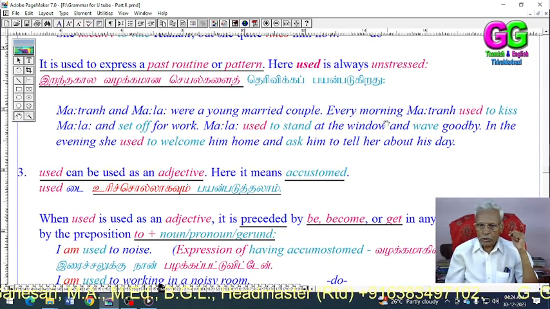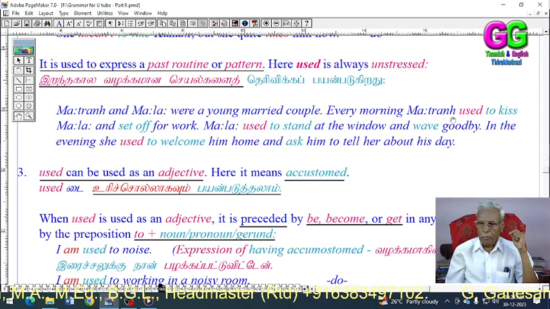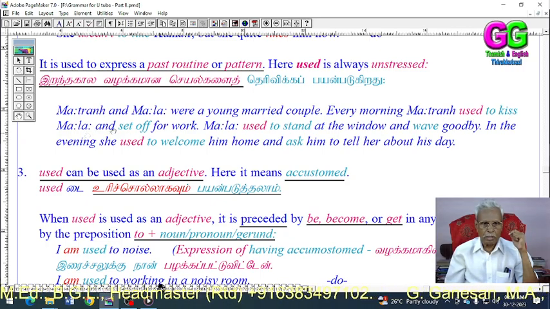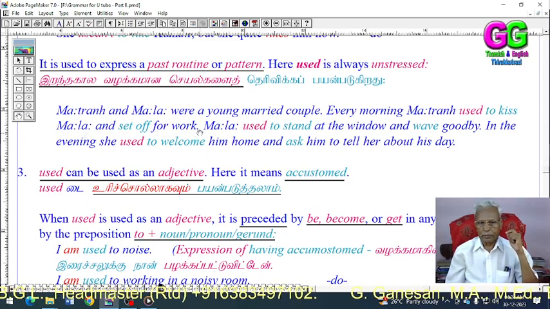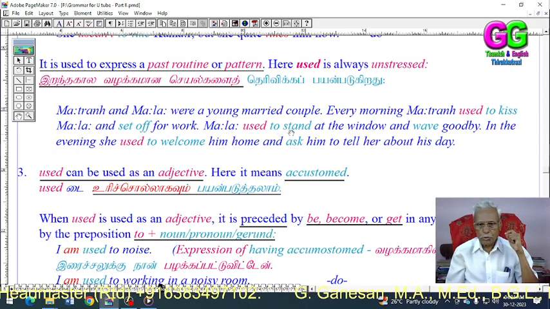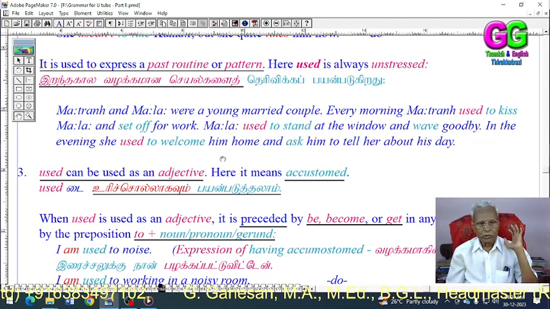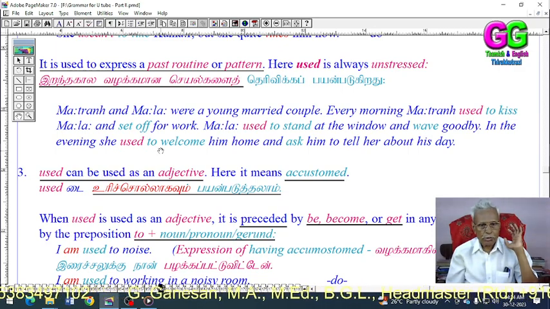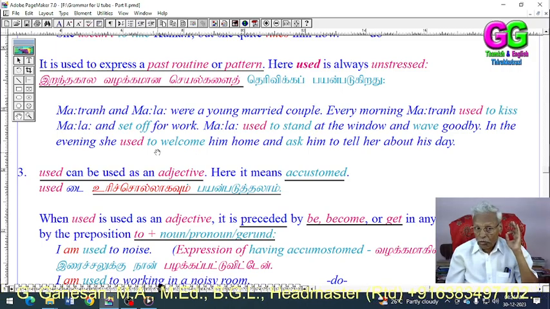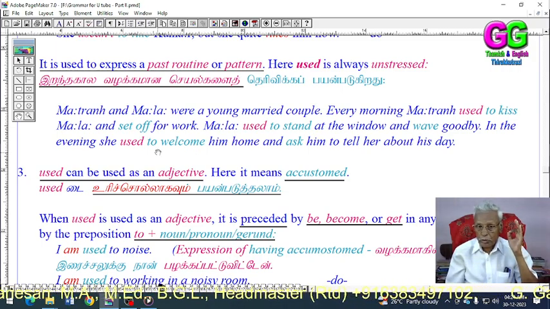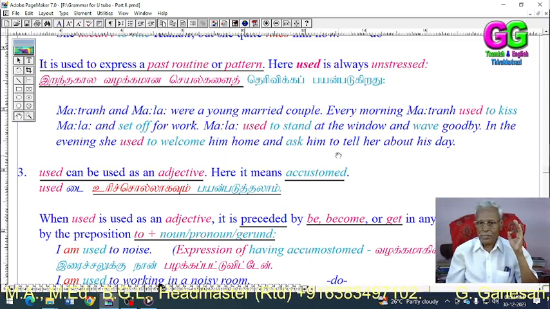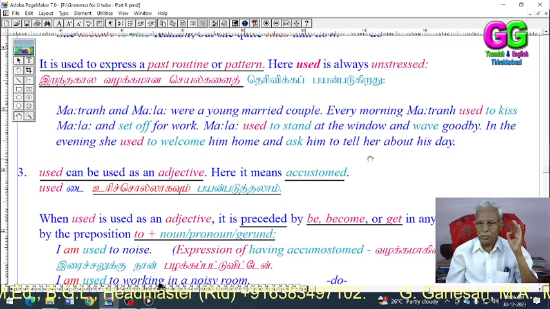Every morning, Moran used to kiss Mala and set off for work. Mala used to stand at the window and wave goodbye. In the evening, she used to welcome him home and ask him to tell her about his day.